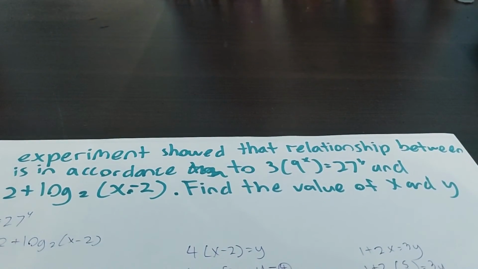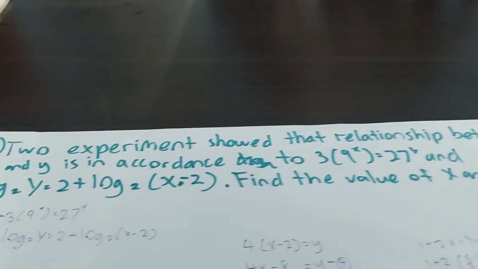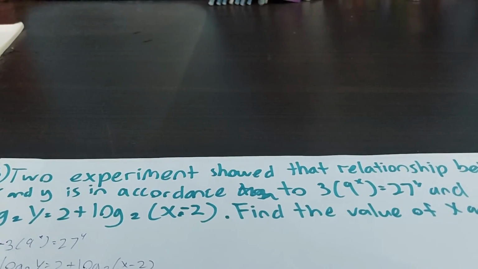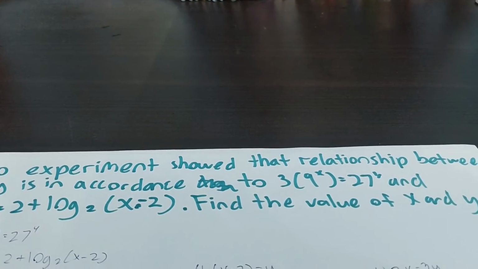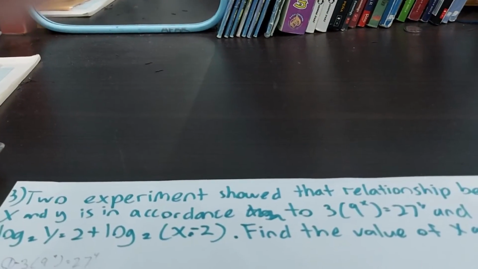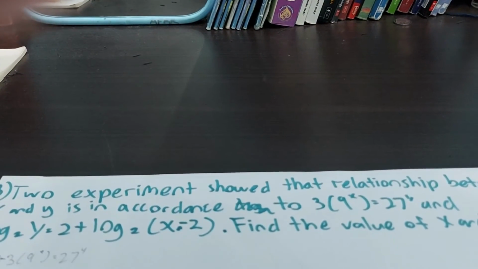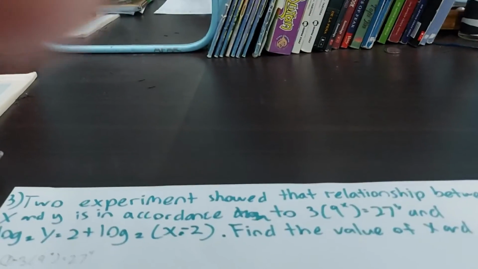So two experiments show the relationship between x and y according to 3 in bracket 9 to the power of x equal to 27y, and log 2y equal to 2 plus log 2 in bracket x minus 2. Find the value of x and y. I will give you your time.